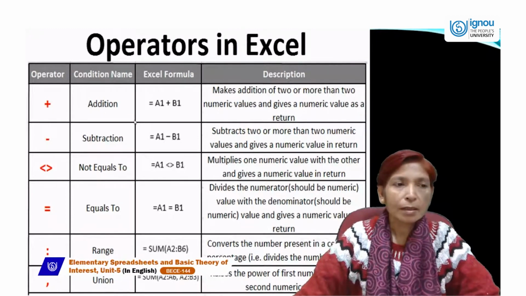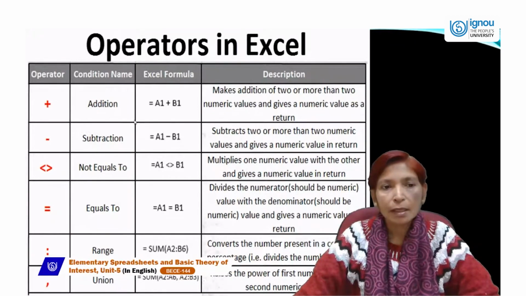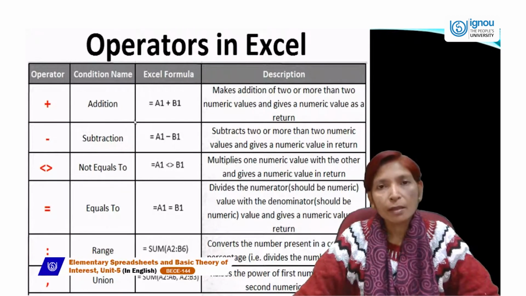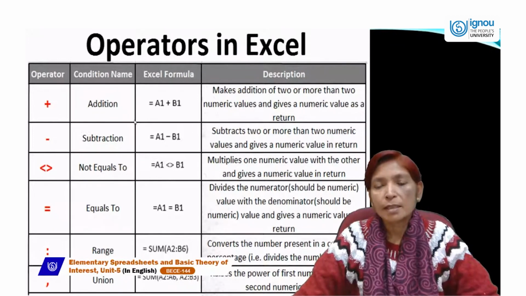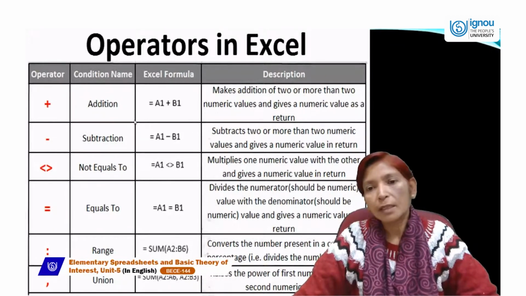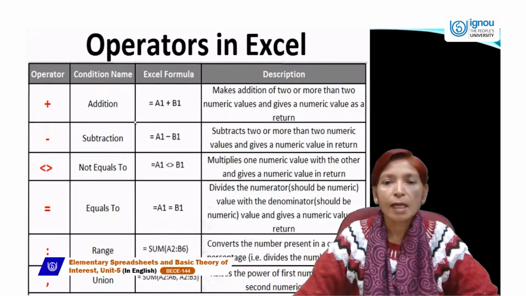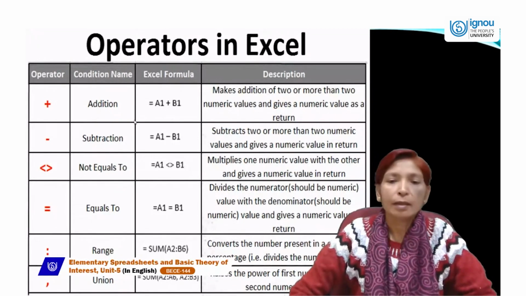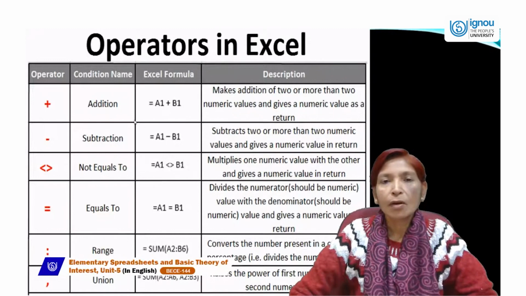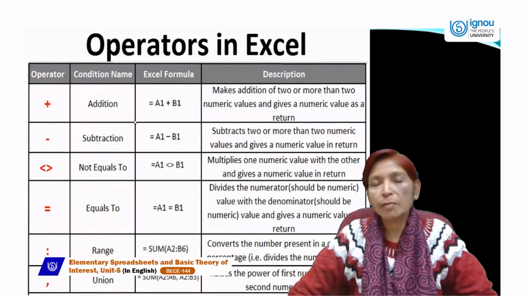In subtraction, the operator is minus and its name is subtraction. Its formula is A1 minus B1. It subtracts two or more numeric values and gives a numeric value in return. Next is not equal to. Then we can put A1 is less than B1 or A1 is greater than B1.